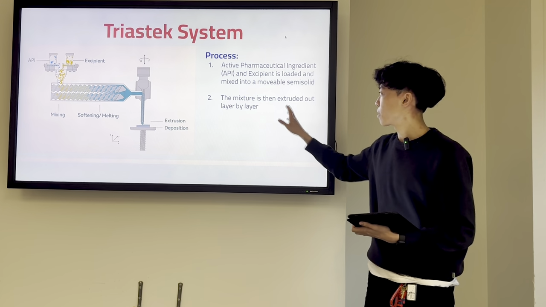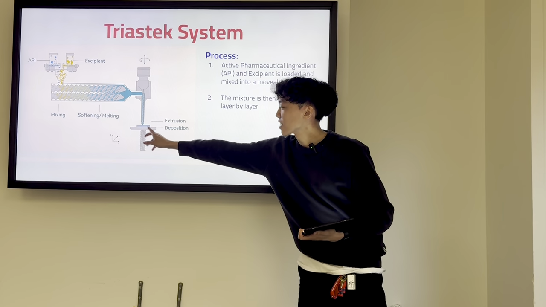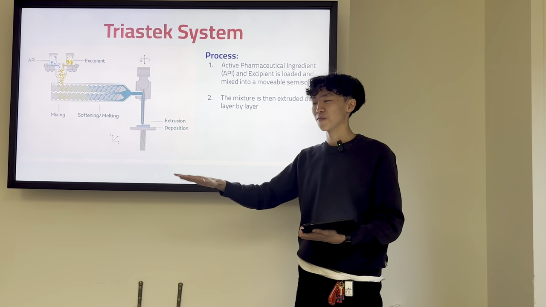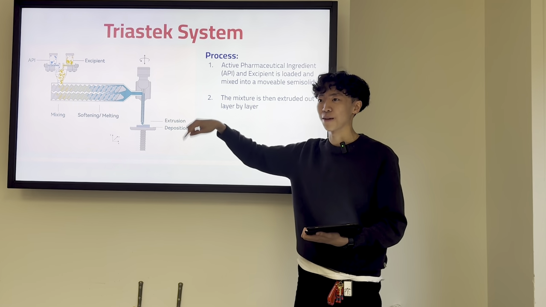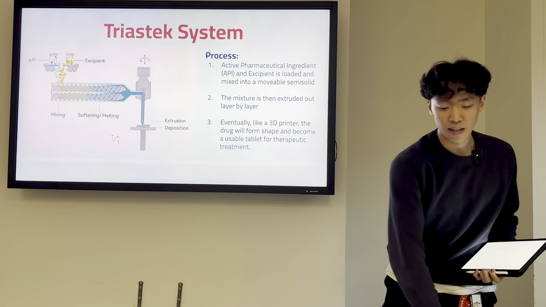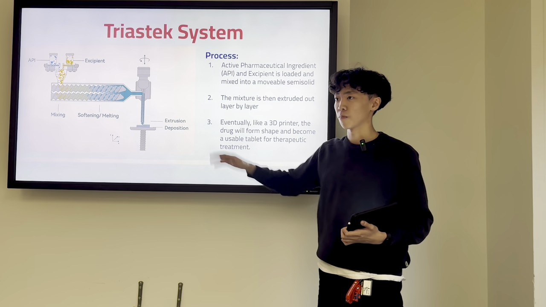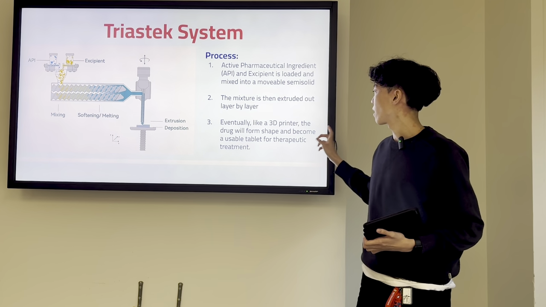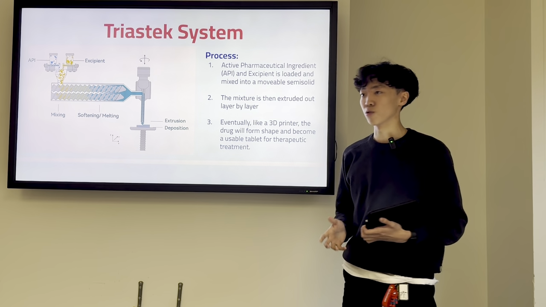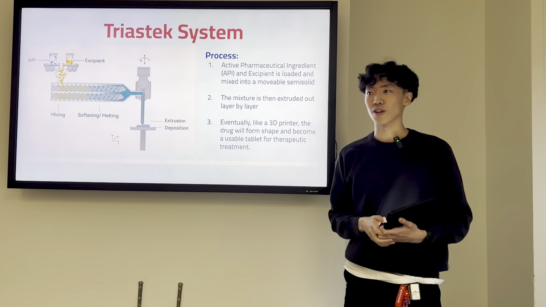Then the mixture is extruded out right here, and like on regular 3D printers, there's a platform where it develops slowly. It's the same thing here. Layer by layer it grows, and eventually, like a 3D printer, the drug forms a shape and becomes a usable tablet for therapeutic treatment.